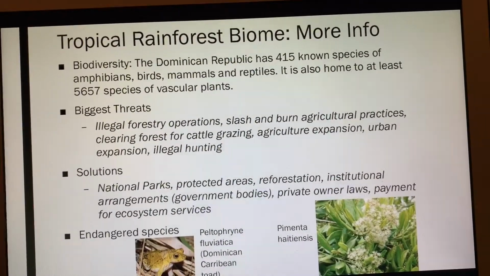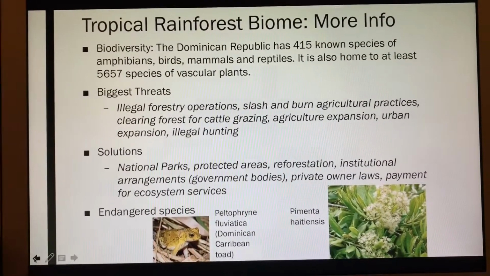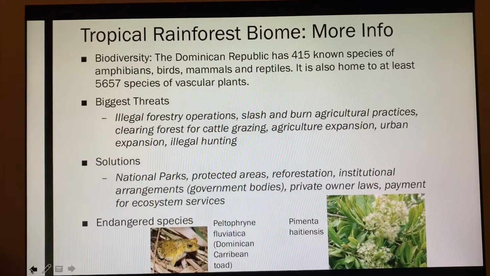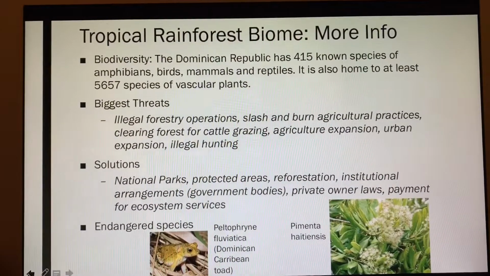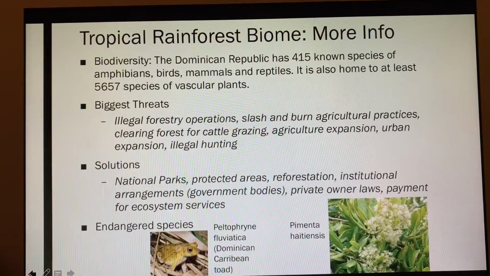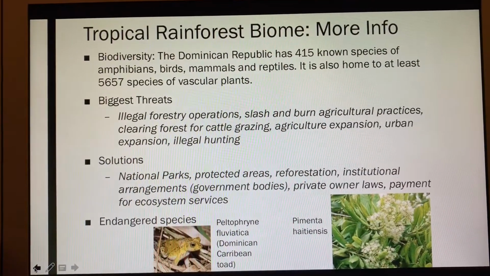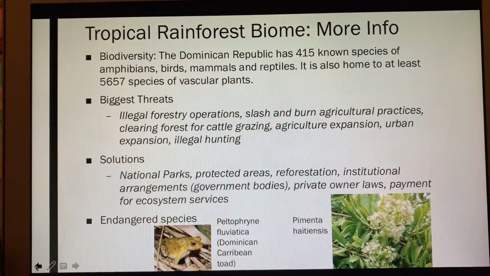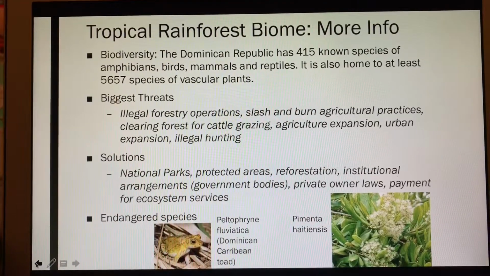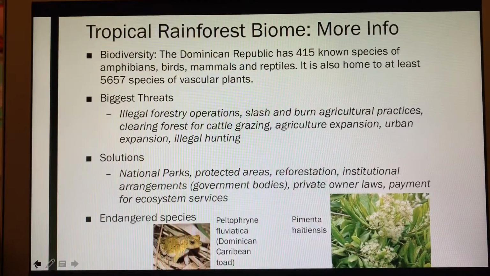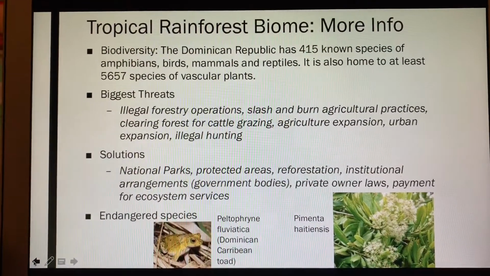The biggest threats for this biome include illegal forestry operations, slash and burn agricultural practices, clearing forests for cattle grazing, agricultural expansion, urban expansion, and illegal hunting.